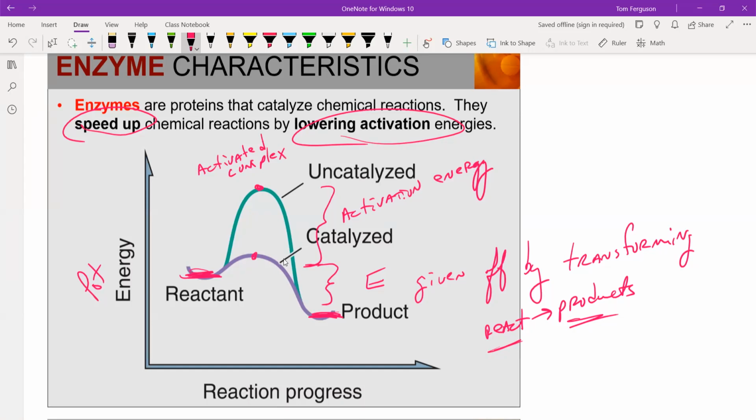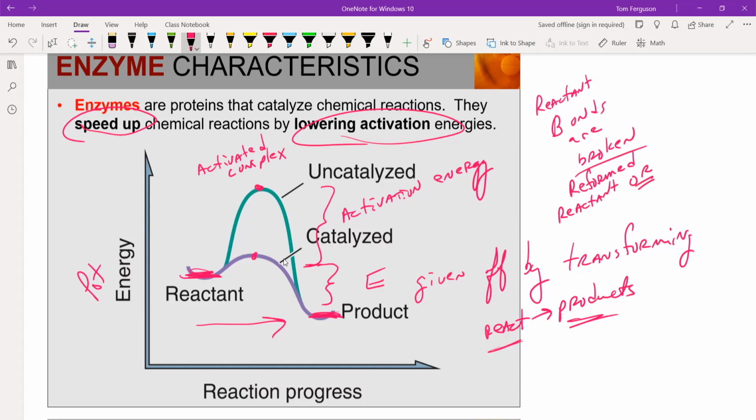So basically, as we go through this process, reactant bonds are broken, and they're reformed. When they're reformed, they're either the original reactants, or products.